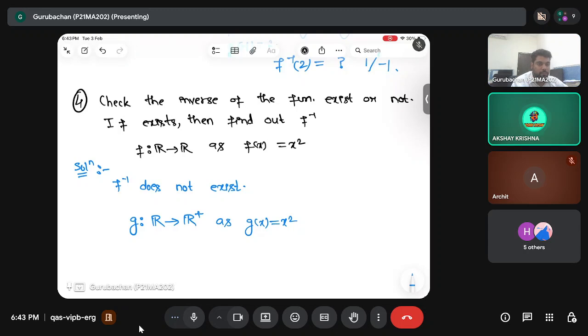Sir, if R positive to R positive, then there is a chance. Okay. Why not R to R positive? Because if negative numbers come in the domain, then the function is not one-one. Right? Yes, sir. And what will be R positive to R?